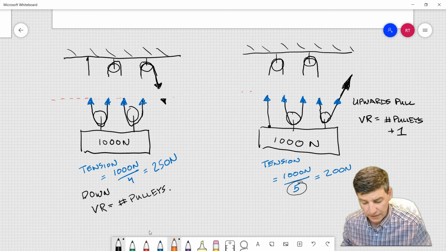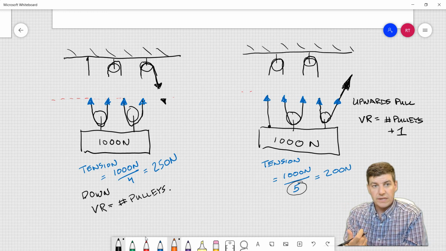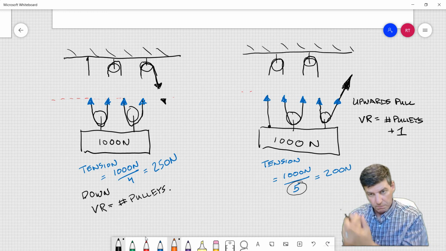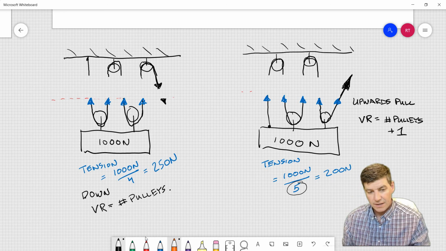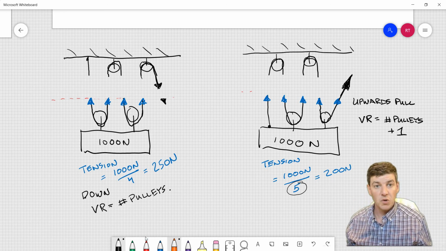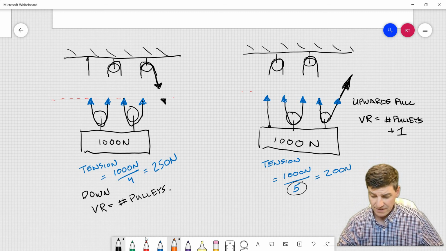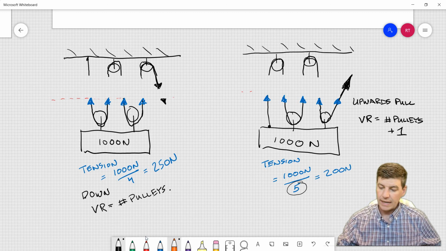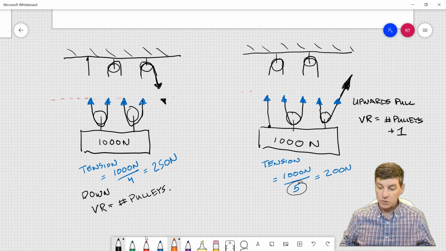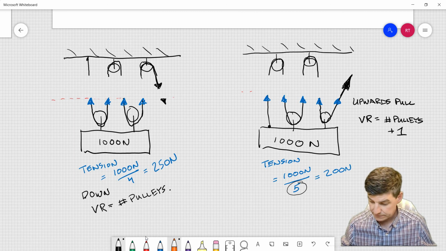Now, physically, it may be easier for us to pull downwards because we're using our own weight to help provide that tension than for us to be pulling upwards. So we have some benefit to pulling down. However, from a machine design standpoint, it's better to be pulling upwards against that load because we have a higher VR value.